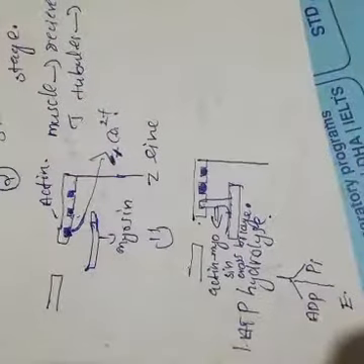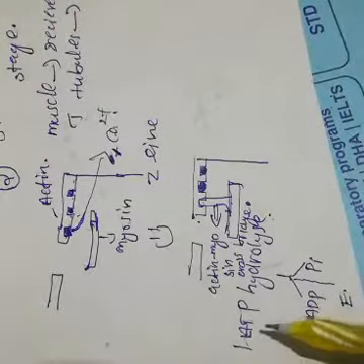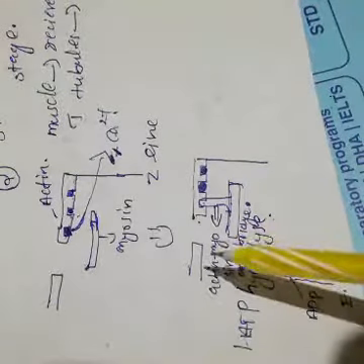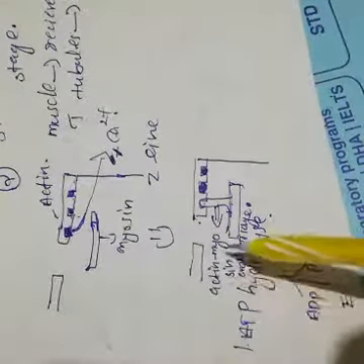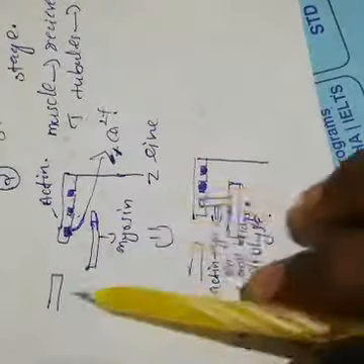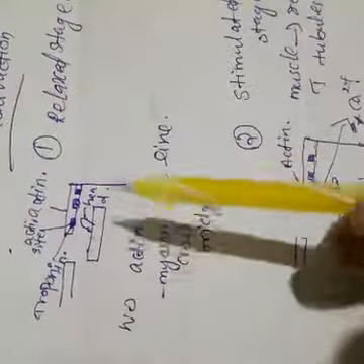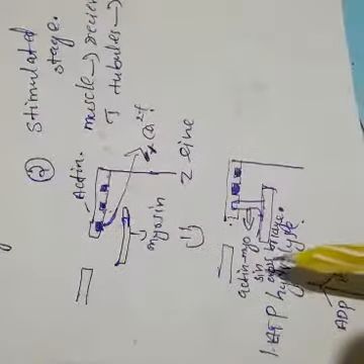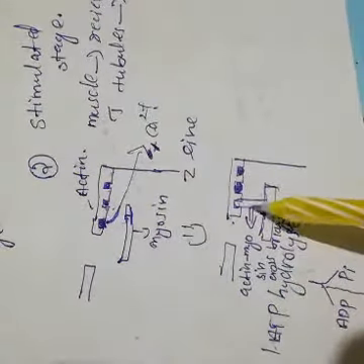So the energy released during hydrolyzing of one molecule of ATP is used for the actin myosin cross bridge formation, like this. Also here we can find the actin myosin cross bridge formation.